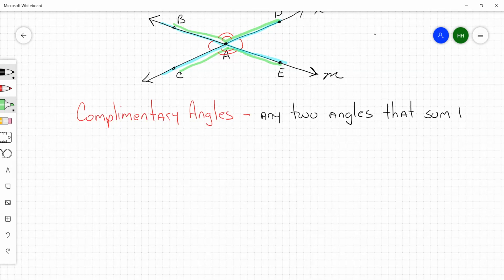That sum 90 degrees. Complementary angles. That's any two angles that sum 90 degrees.